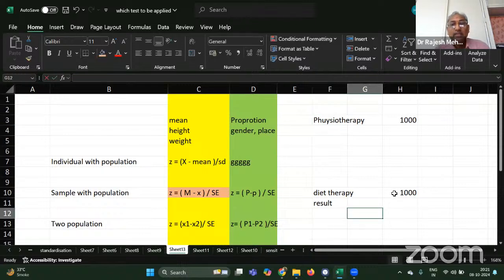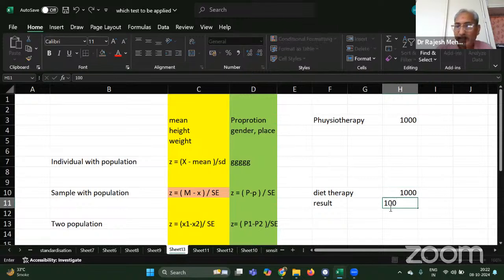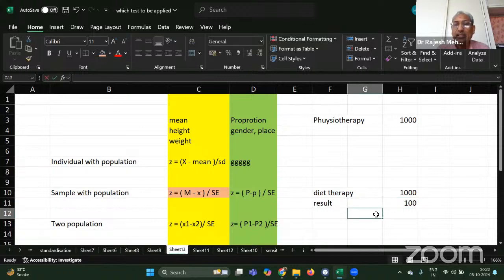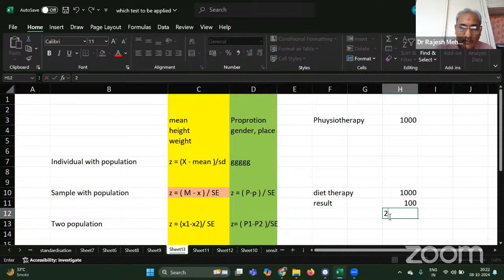Now, for this diet therapy, I want to find out out of 1,000 whether they have got weight loss, how much weight loss they have in the 1,000 population. So I have taken a sample of 100 individuals out of 1,000 in the diet therapy group. And based on that, in these 100 individuals, the mean weight loss is 2 kg, let's say 2,000 grams.